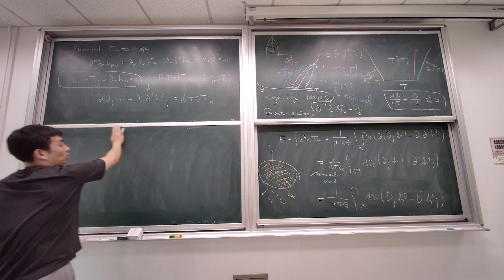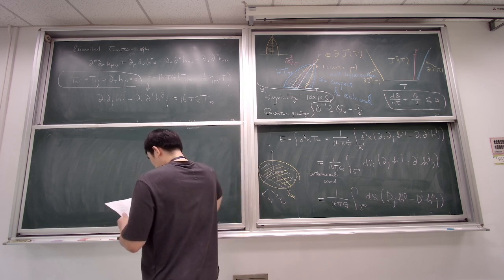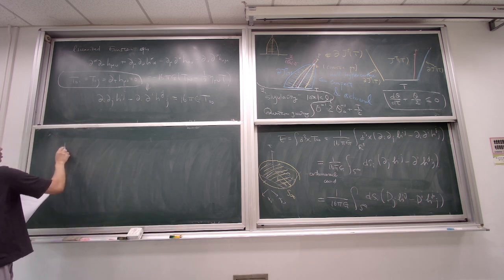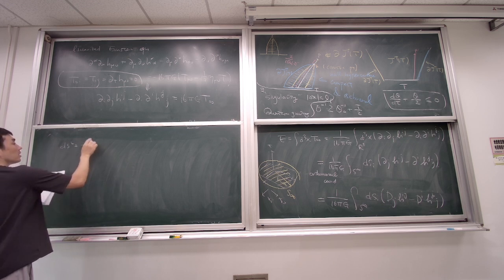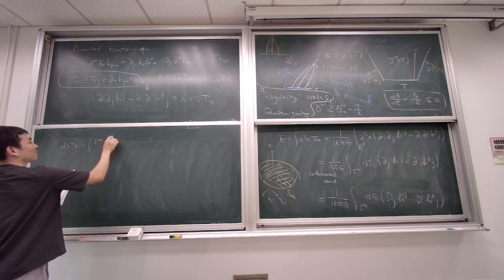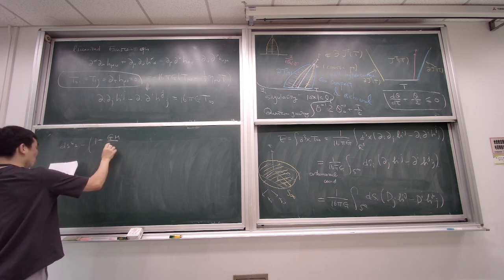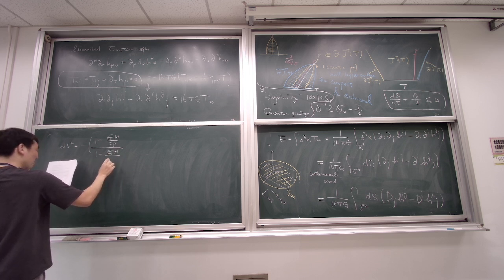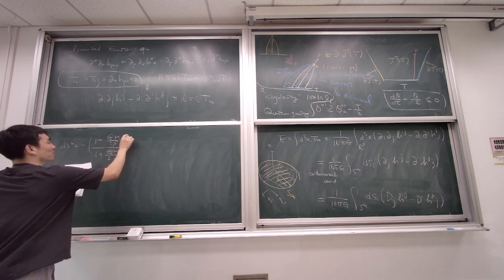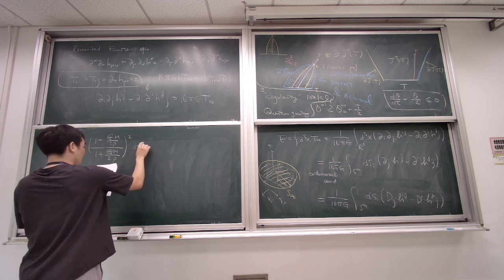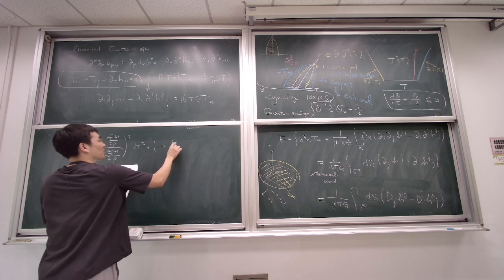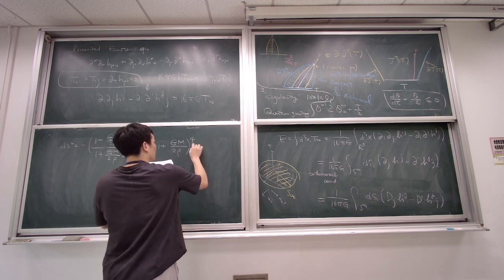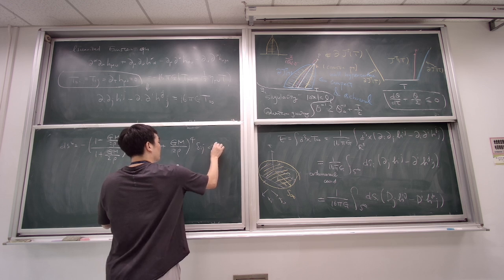In something called isotropic coordinates, the Schwarzschild metric can be written this way. This is in fact the homework for next week or the week after. So we can write down the Schwarzschild metric like this, with G restored, times dx^i dx^j.